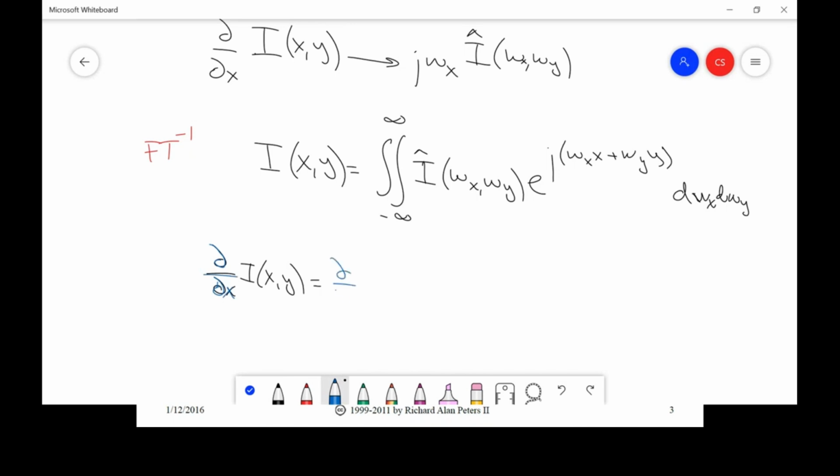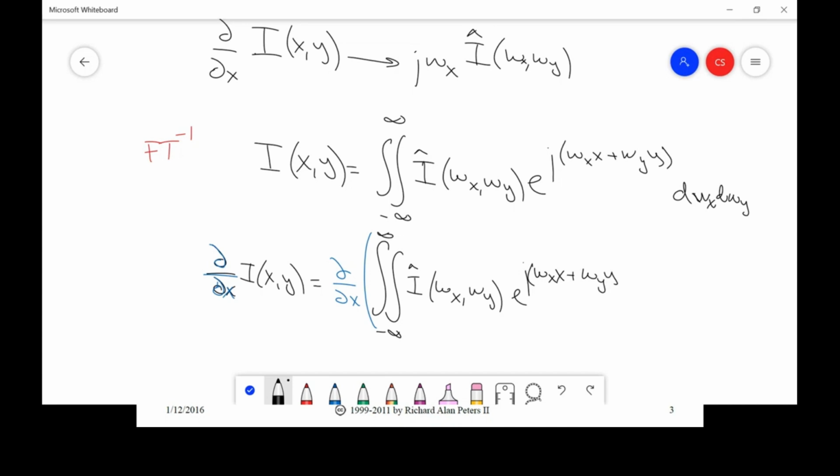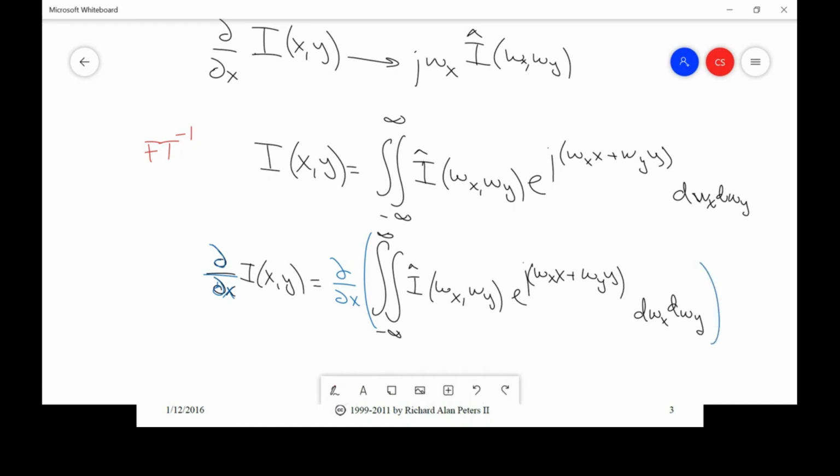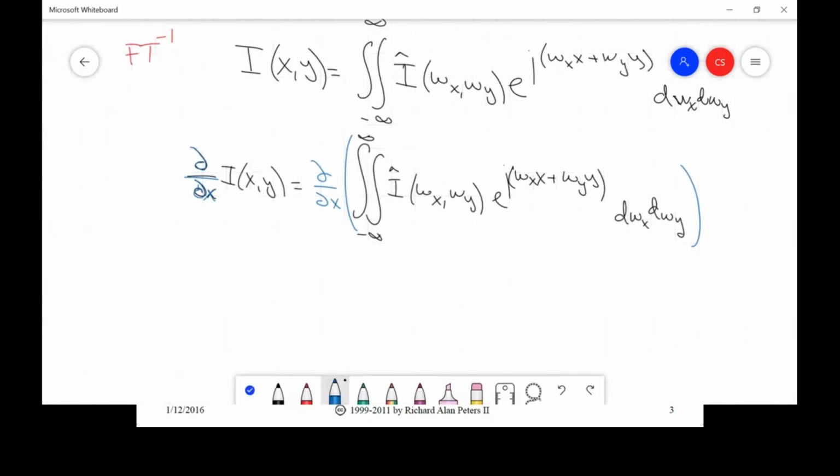So this will be the derivative of this thing here. Then we have the derivative of an integral.